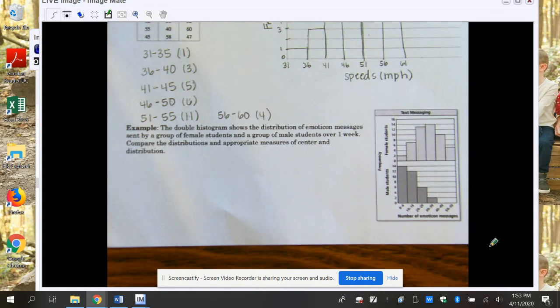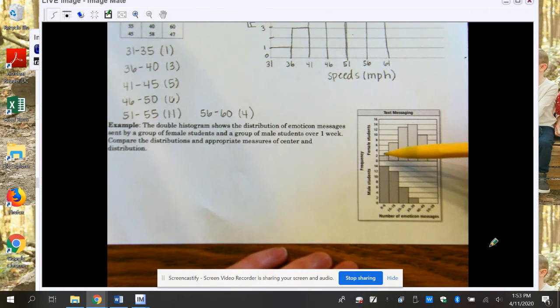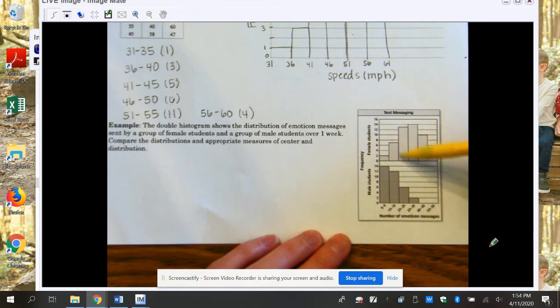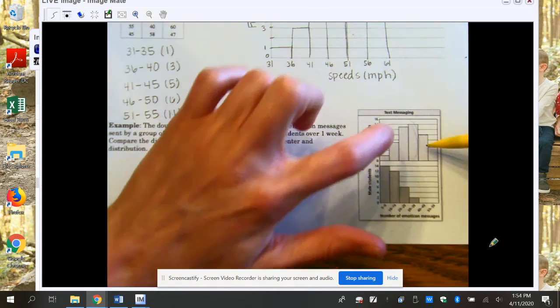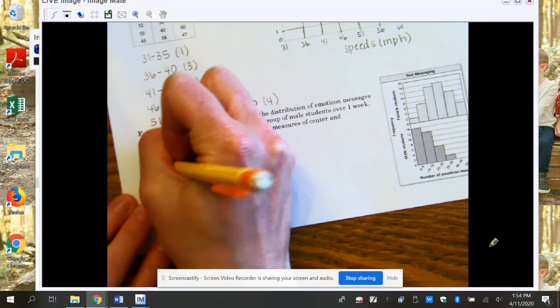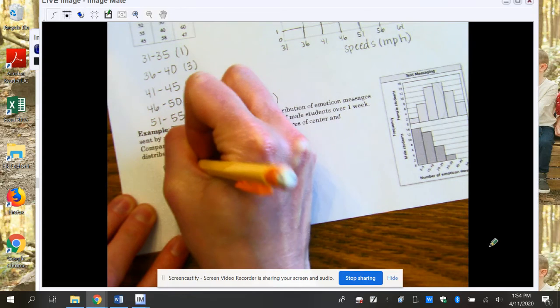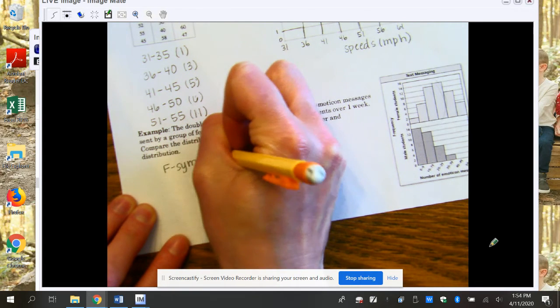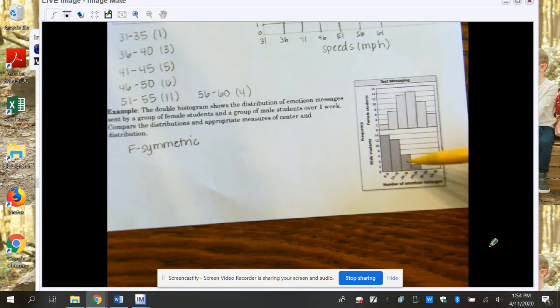All right, so in terms of the shapes, I would definitely say that the female students is pretty symmetric. We've got our two higher bars in the middle, and then we kind of go out on the sides. So I would say that the females are symmetric. Whereas the males, most of the data here is on the left side.